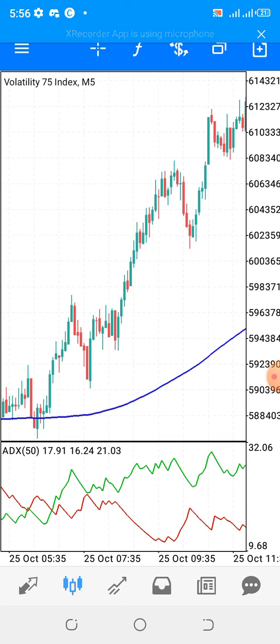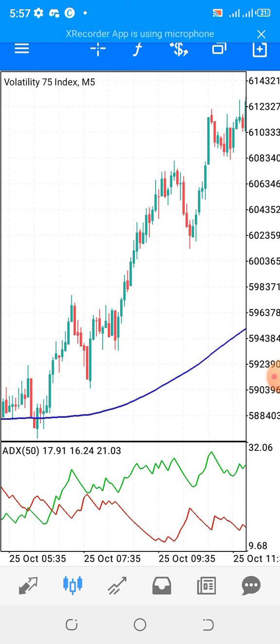Now, the first thing is to identify the direction of the market with the help of moving average. When the candlesticks are above the moving average, that is bullish, you only consider buy positions. When the candlesticks are below the moving average, that is a downtrend, you only consider sell positions.